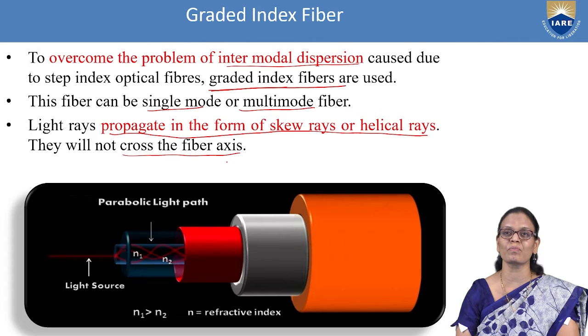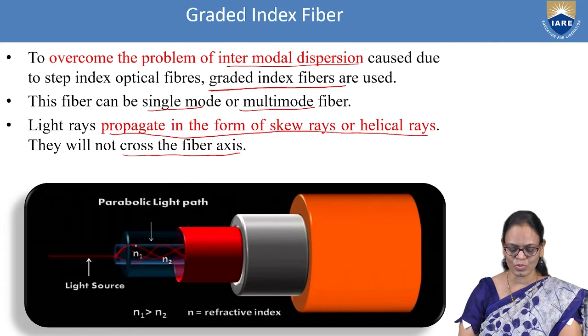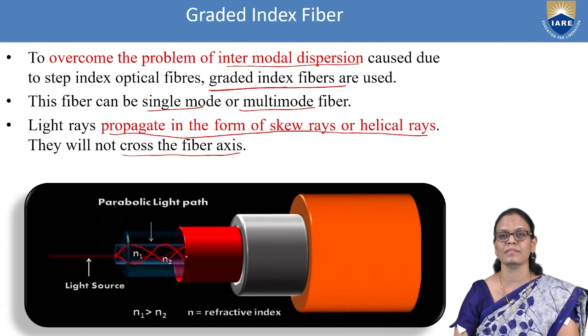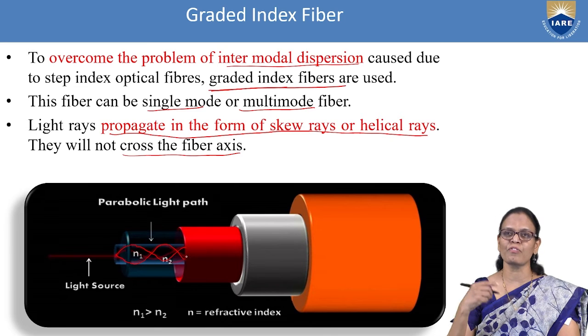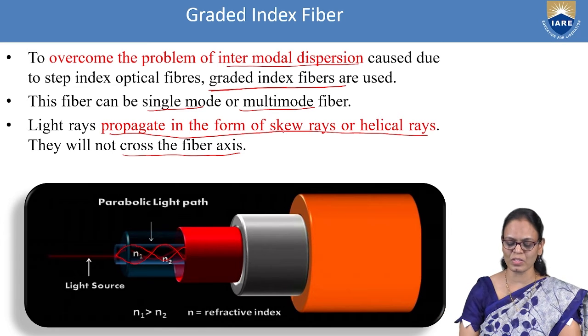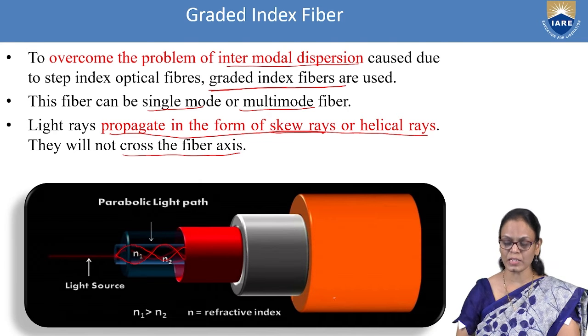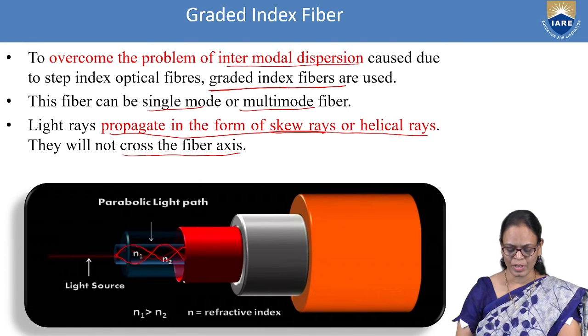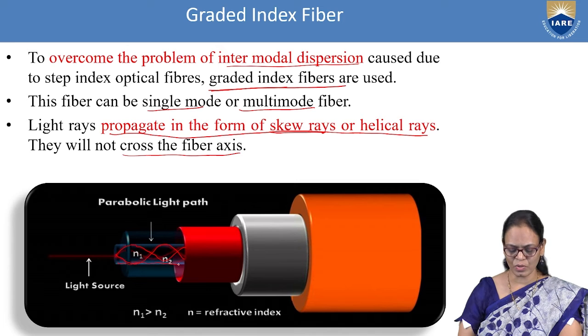This is the greatest advantage of graded index fiber. The signals travel in a smooth helical fashion and never cross the axis, so we also call them skew rays. If you see this figure clearly, we have the core. This is the core.